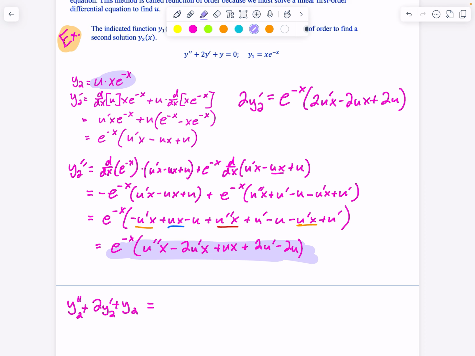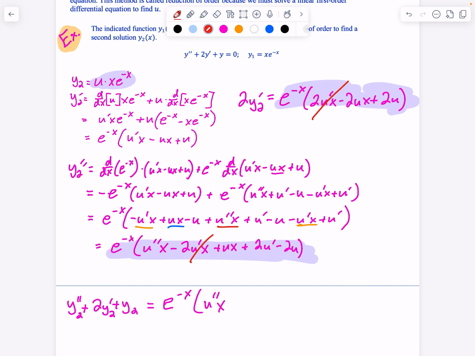All right, and then I'm adding this. So all three of those are being added. I know all three have an e to the negative x. So I'm going to add the terms: u double prime x, right? Then I'm looking for u prime x. Well, if you look, that cancels with that. Okay, what else happens?